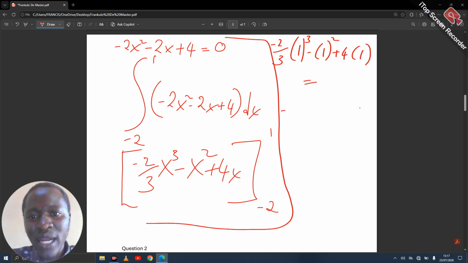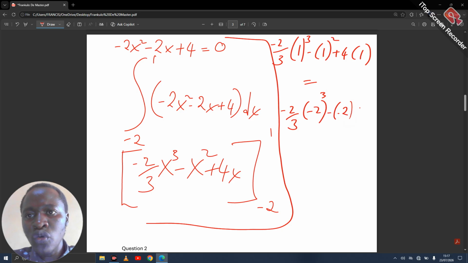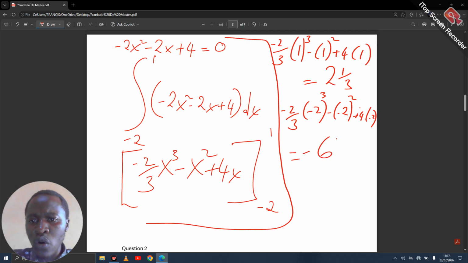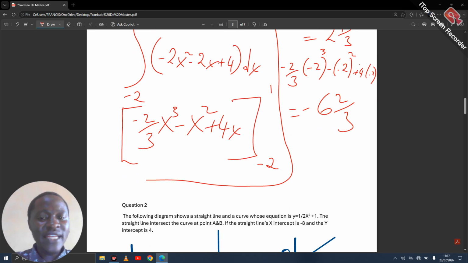This other one, we are having -2 over 3 into -2 cubed, minus -2 squared, plus 4 into -2. Get the answer there. So at the very first place, we shall have 2 and a third. Then this one, we shall have -6 and 2 over 3. So then we get the difference.